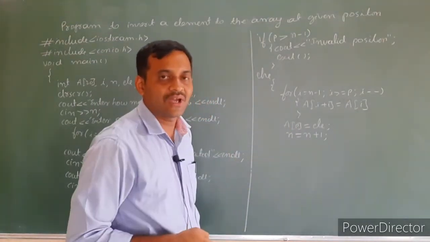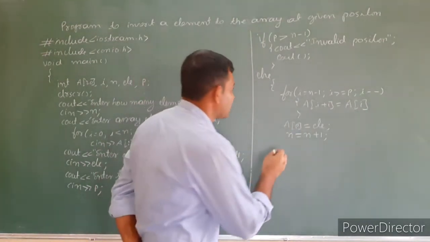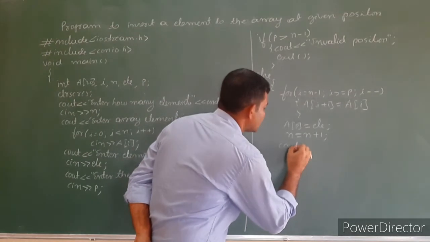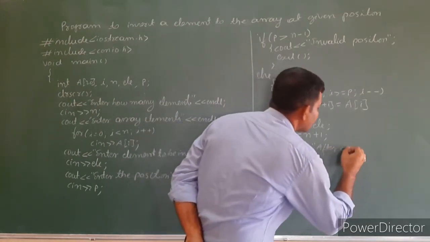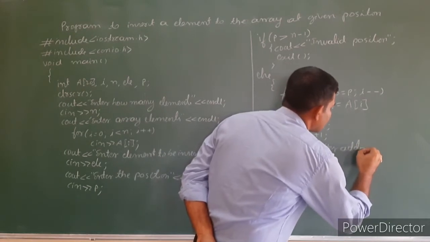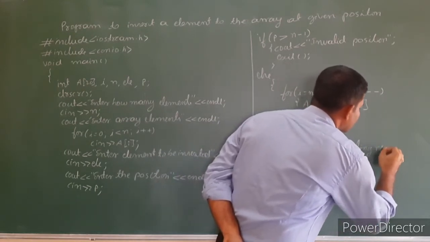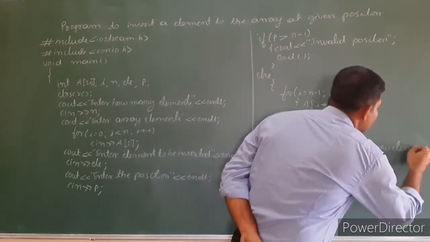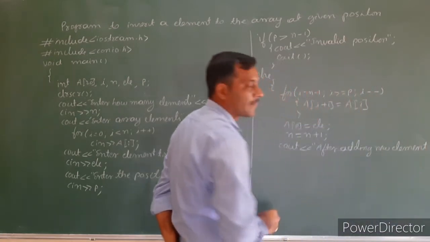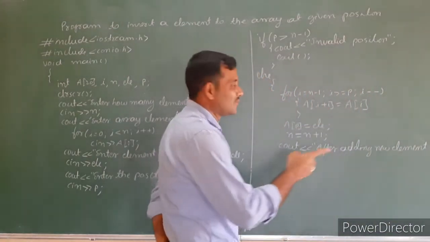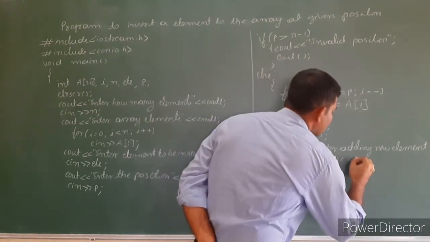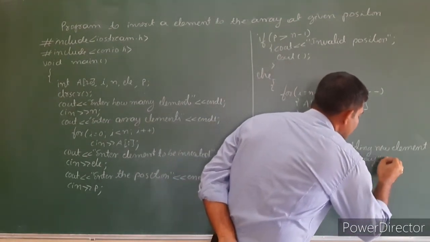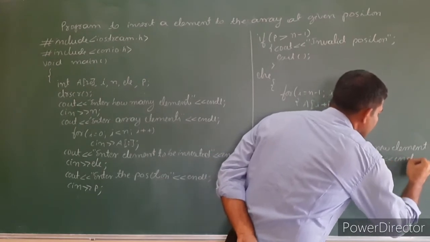After inserting, we have to print the array elements. So cout after adding new element. Where we add the new element to the array, this is only a comment, an output statement.